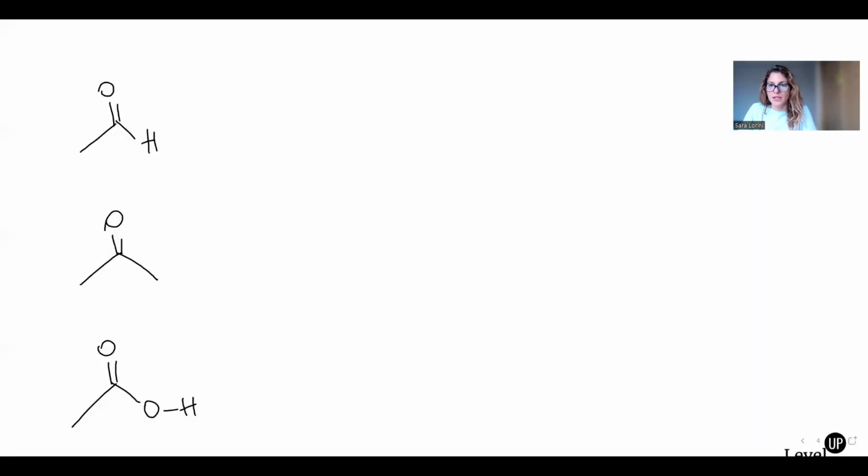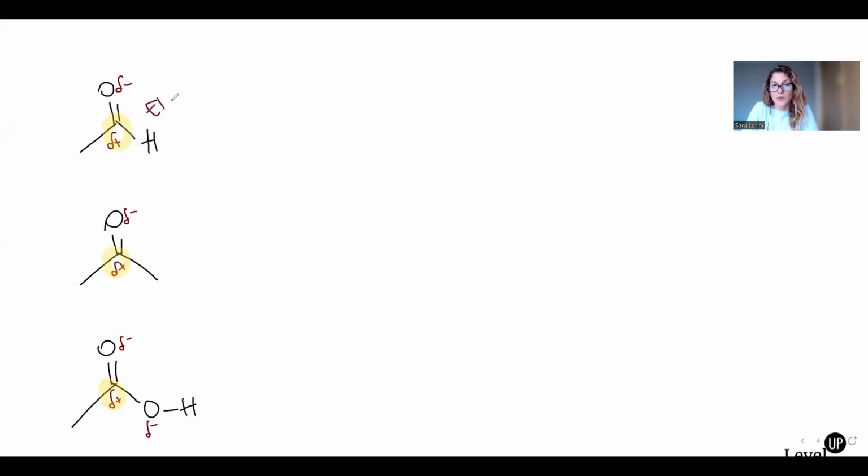So we always start with looking at the region of electron density or electronegativity. We know that this carbon is going to be slightly positive because oxygen is always slightly negative. So guess what? The dipoles are spread in this way. So this tells us that this carbon is an electrophilic center.